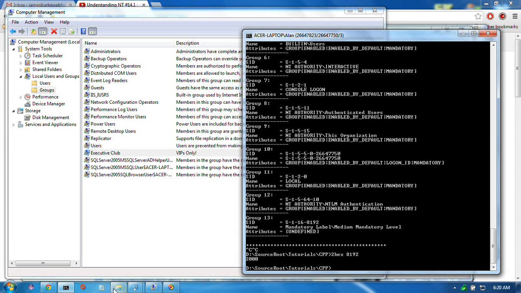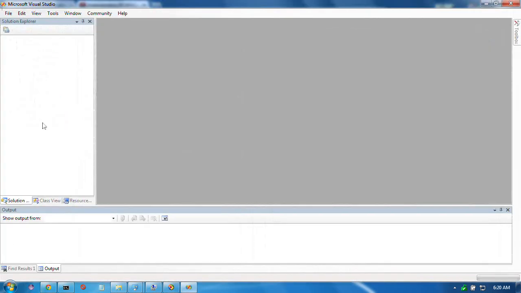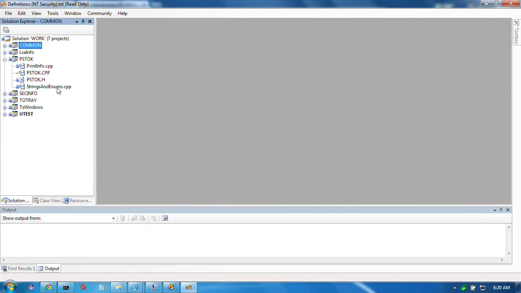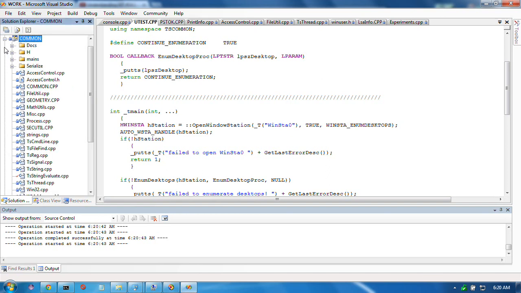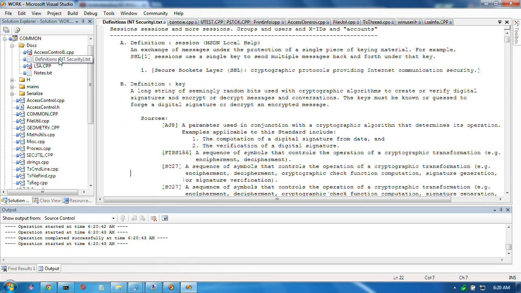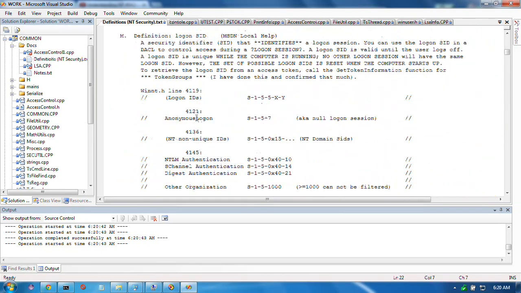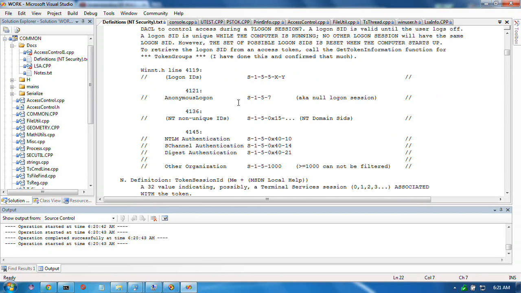Now 16, according to my notes, where are my notes? It's over here somewhere. There are a bunch of things in WinNT.h that spell out what some of these things are. No, I don't see a 16 there.